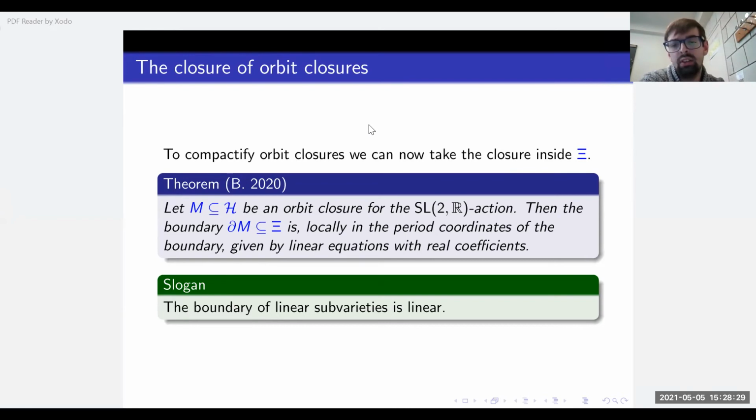I study a slightly more general situation where subvarieties are given by linear equations. They don't have to be over the real numbers; they can be complex equations among the periods. This is what I call a linear subvariety. It just needs to be given by linear equations, and then the same statement still holds. From my point of view, the fact that orbit closures have real coefficients doesn't play a role in what I'm doing. If you have something given by arbitrary linear equations with complex coefficients, it's still true that the boundary is again given by linear equations. That's part of what I prove.